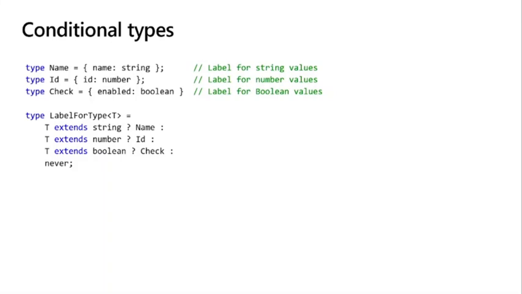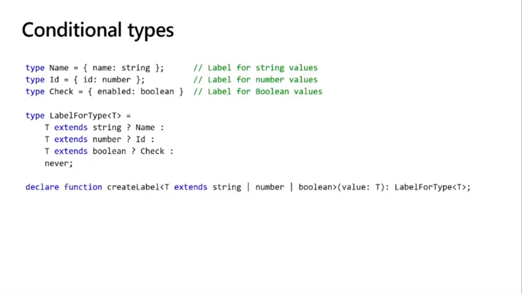And when T extends number, I want to get ID, and when T extends boolean, I want to get Check. Otherwise, this should never happen, is what this type says. And now I can declare createLabel as taking some T that is a string or number or Boolean, and then it gets back a label type that corresponds to that type, right?